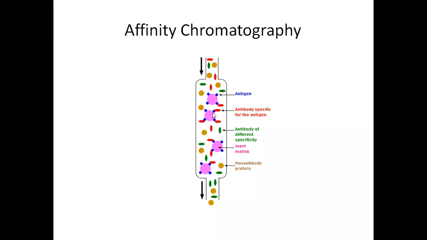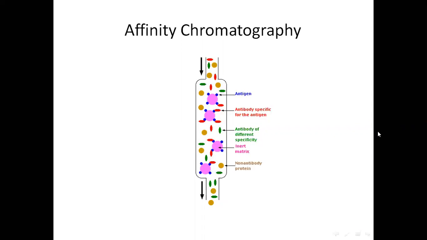Now the next method that we have is affinity chromatography. Affinity chromatography means that the separation is going to be based on some type of affinity. For example, in this particular case, we find that the inert matrix is embedded with a specific antigen, and when a sample passes through this bed of matrix containing a specific antigen, only a specific antibody is able to adhere to this antigen.